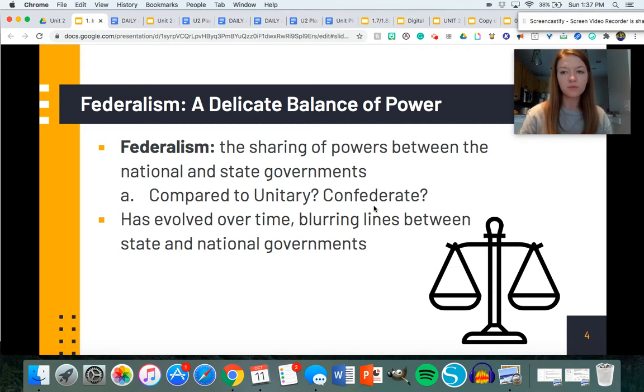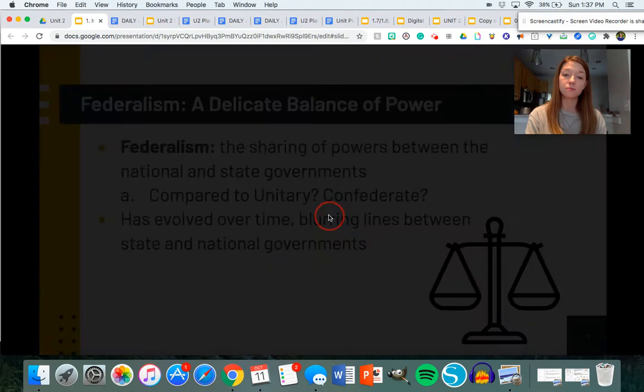Over time, as we've seen and we will see in this course, through laws and Supreme Court decisions, the lines between state and national government and jurisdictions have been blurred a little bit. And we're constantly trying to balance the authority between these two tiers of government.